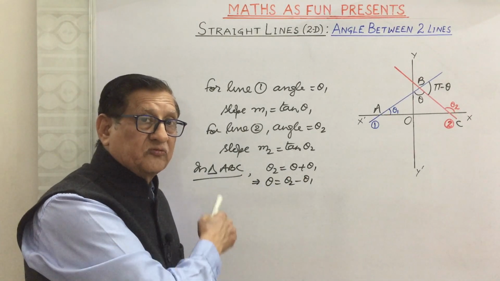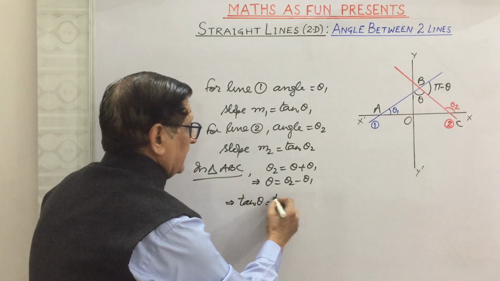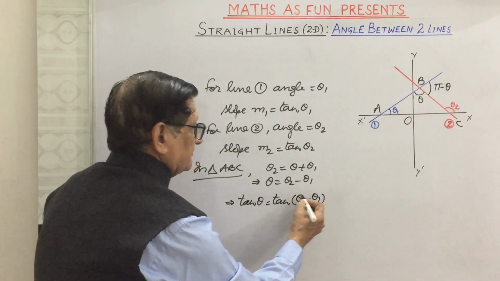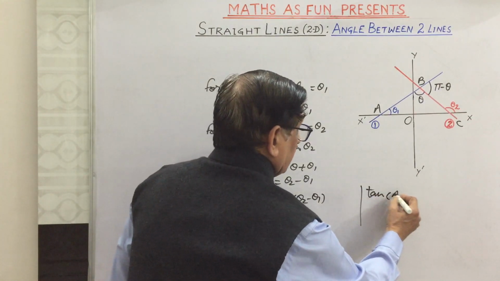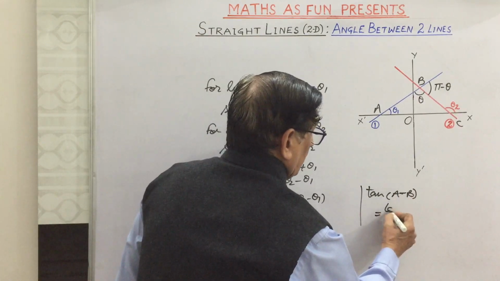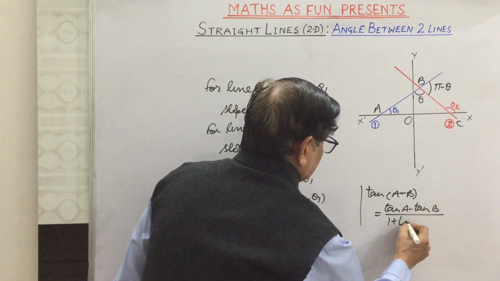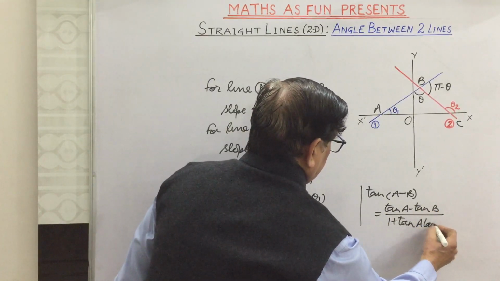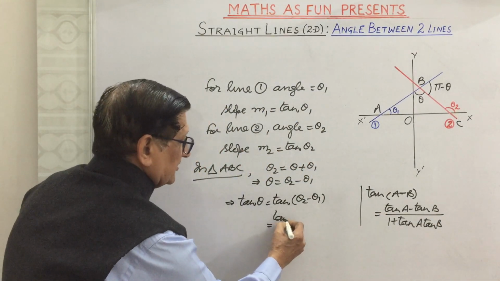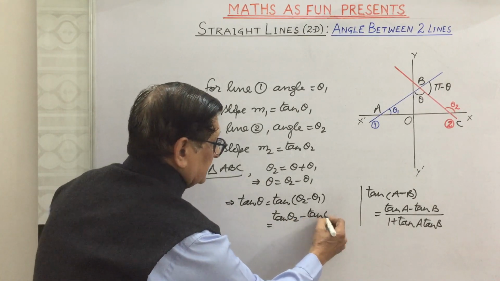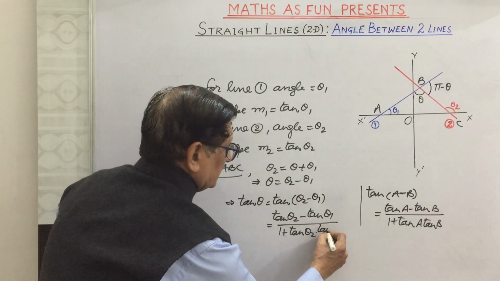If we take the tangent of both the sides, we will find tan theta equal to tan of theta 2 minus theta 1. We know the identity tan of A minus B is equal to tan A minus tan B upon 1 plus tan A into tan B. If we apply this identity here, we get tan theta 2 minus tan theta 1 upon 1 plus tan theta 2 into tan theta 1.